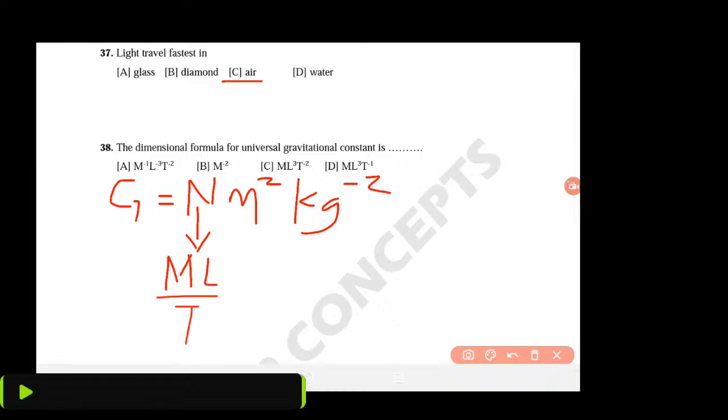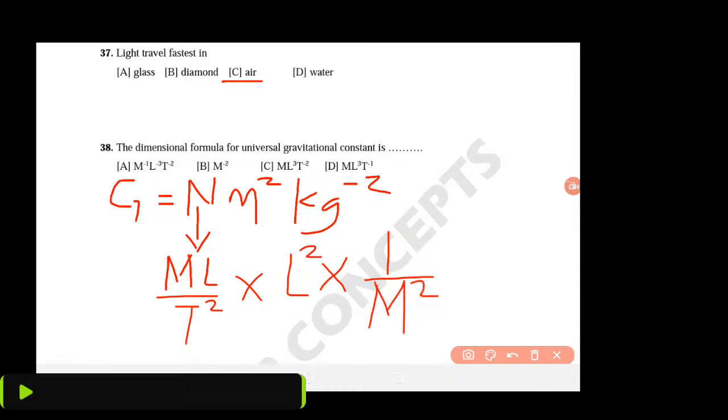That's the dimension of Newton, and dimension of meter square will be L raised to power 2. Whatever is measured in meter, the dimension is capital letter L. And dimension of kilogram, but here we have a kilogram raised to power minus 2, so we can write that as 1 over capital letter M raised to power 2.